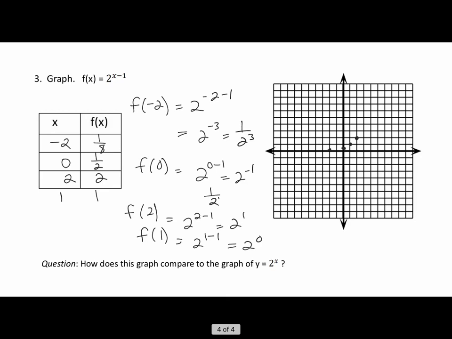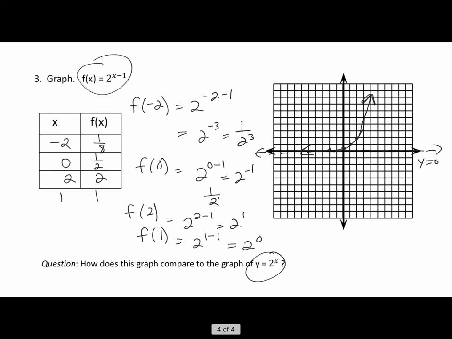So the points are kind of close together, but we can connect them and know that this is going to keep increasing to the right and decreasing to the left, but never go past that x-axis because y will never be negative or 0.